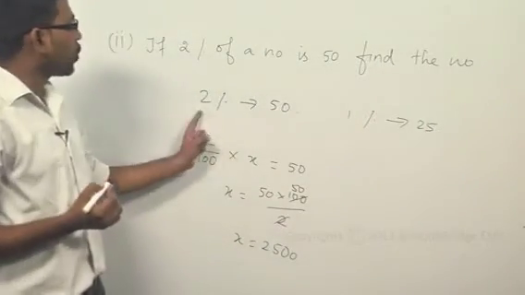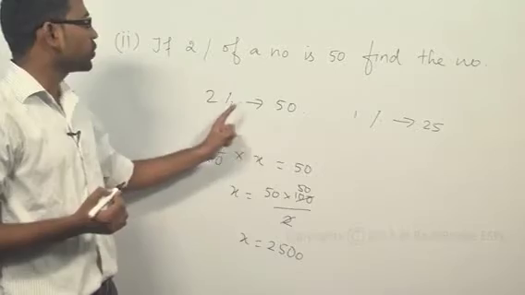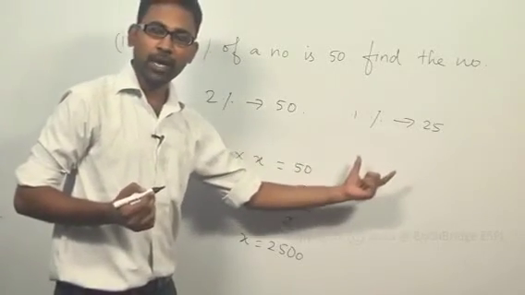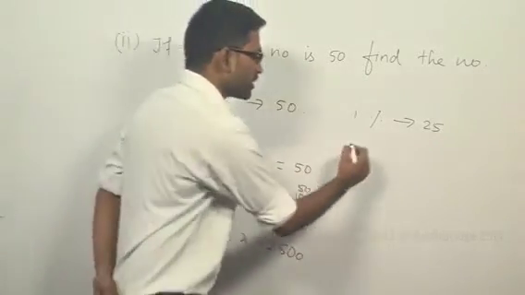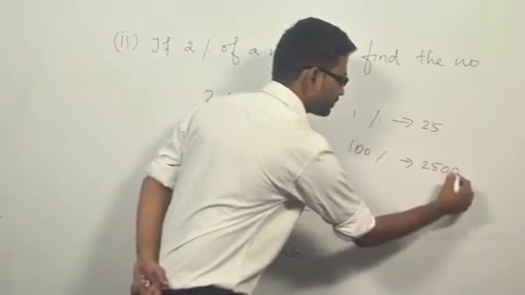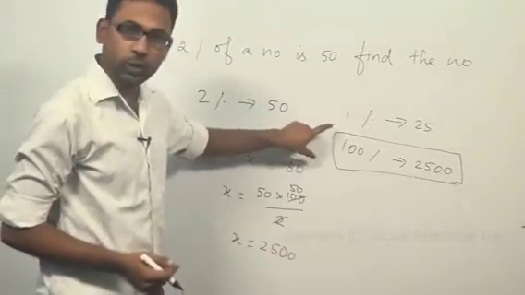The number on the whole is 100%, so 100% is 2500. This is a very useful shortcut.